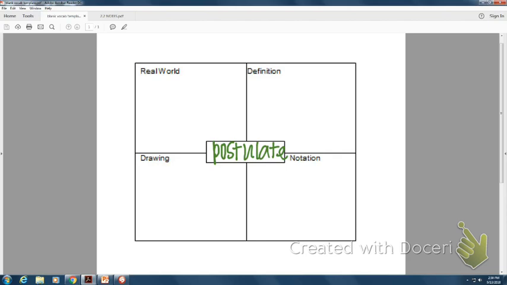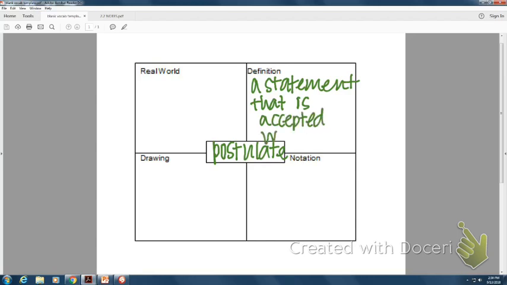A statement that is accepted without proof. So we don't have to prove that 2 is 2.